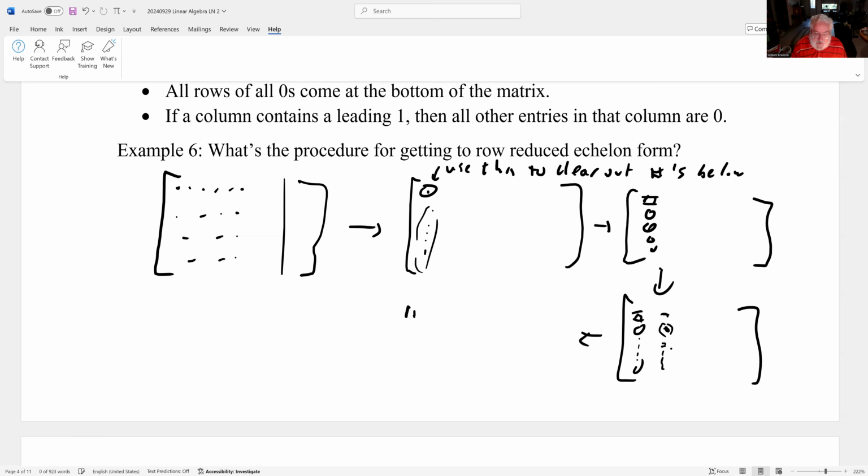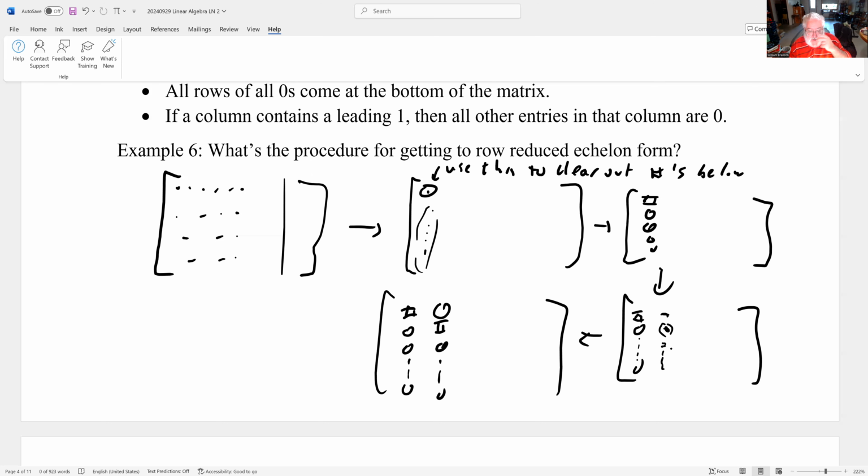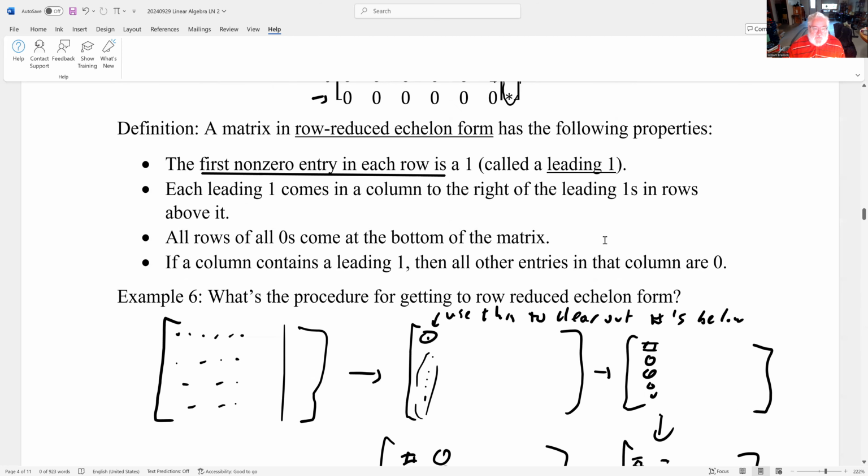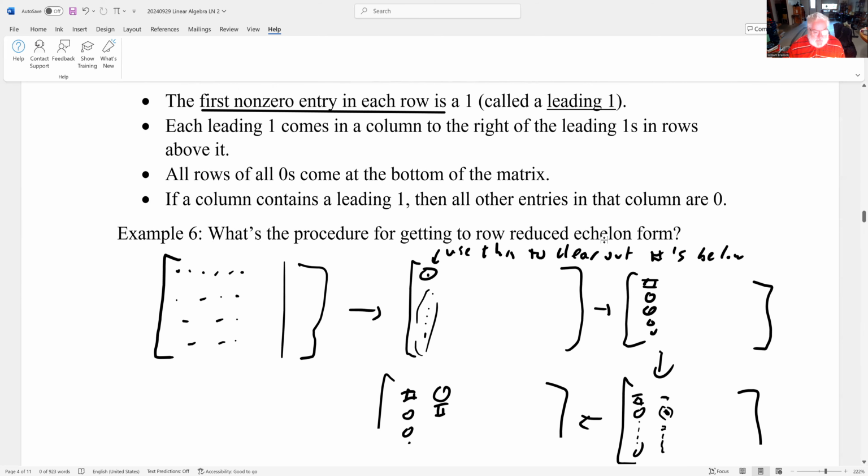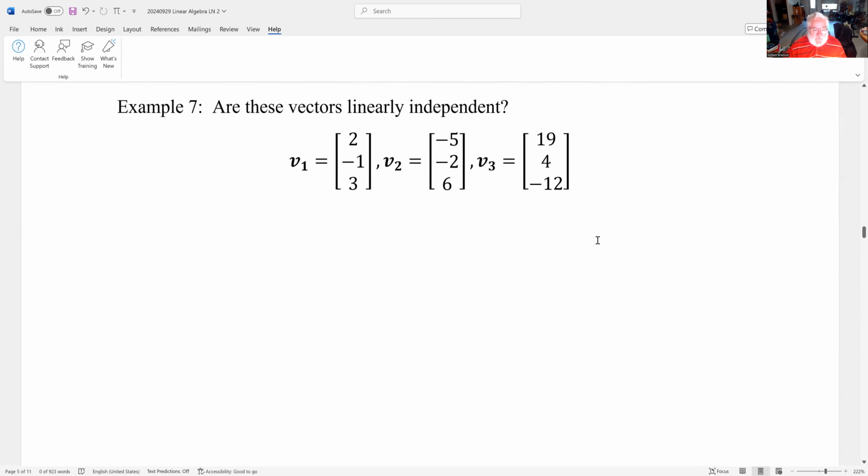So we have a number and a pile of zeros in the first column, and then we get a 0 here and a number here, a 0 there. And you just keep going until you just have numbers in each of the columns. And at the very end, you divide through, because we don't like fractions, to get it to be in reduced form like that. So are these vectors linearly independent?